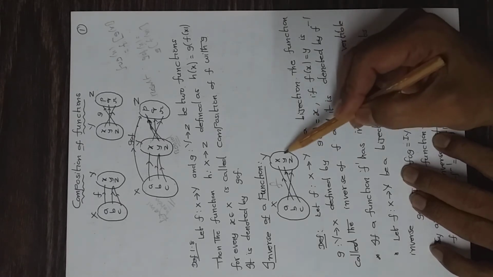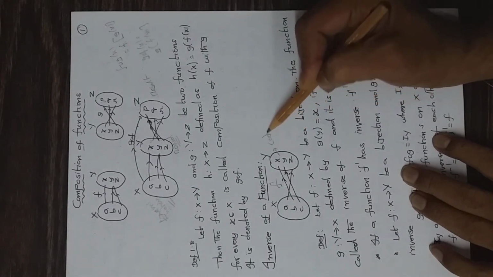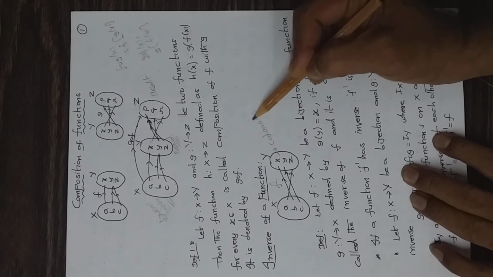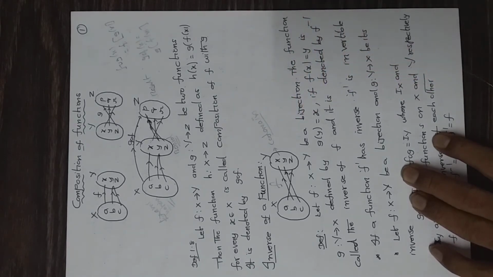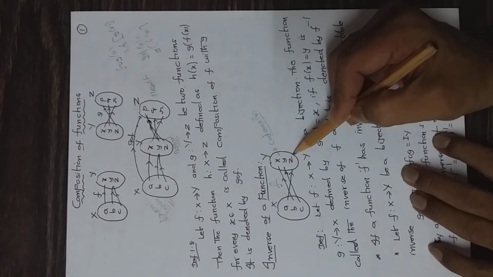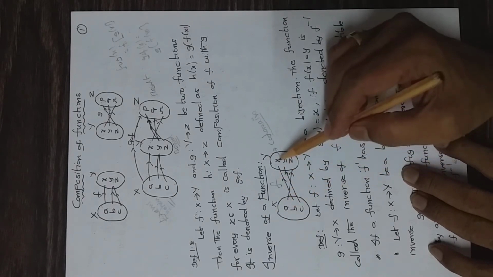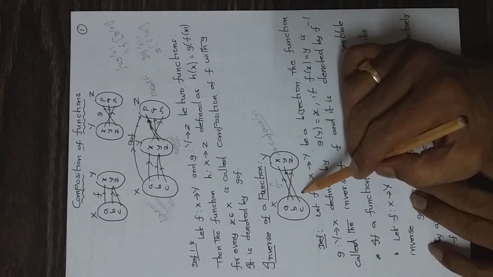Why? Because onto means, as I already told you, you should keep the codomain in your mind. You should give importance to the codomain, whether all the elements in the codomain possess a pre-image or not. x has pre-image b, z has pre-image a, y has pre-image c.